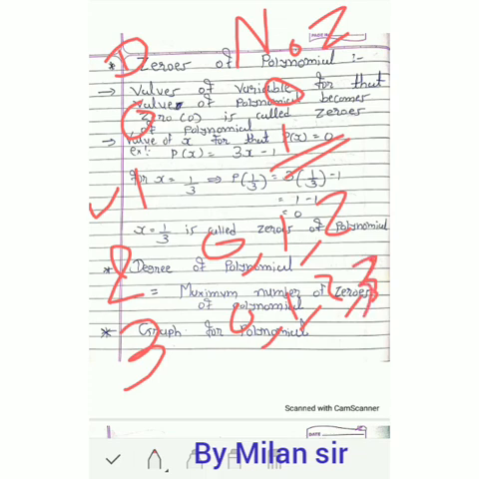So if degree is 2, then it may happen that the polynomial has number of zeros equal to 1, 2, otherwise 0. That we will learn in the next part. Okay, how many zeros we can find, that I will explain later.